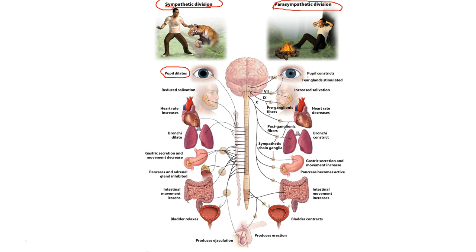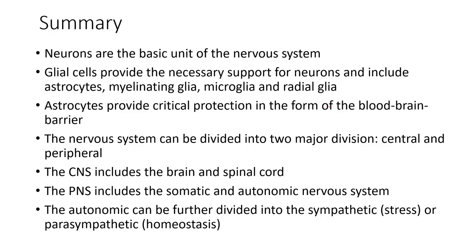The parasympathetic nervous system, on the other hand, constricts the pupil, allowing less light in. You might find that there's increased heart rate in response to a stress situation. The parasympathetic division, on the other hand, reduces heart rate. So they work in opposition with one another, but they control similar organ systems.